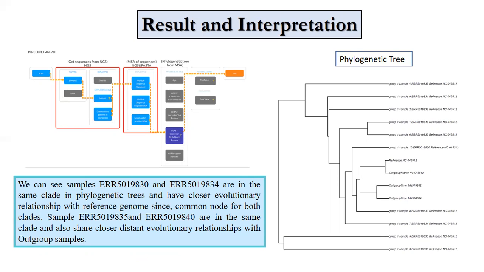Since there is a common node for both clades, samples ERR5019835 and ERR5019840 are in the same clade and also share a closer distant evolutionary relationship with the outgroup sample. Samples ERR5019836 and ERR5019838 are in different clades and do not have a closer evolutionary relationship with the reference genome or outgroup sample, as they are in different clades at the end.